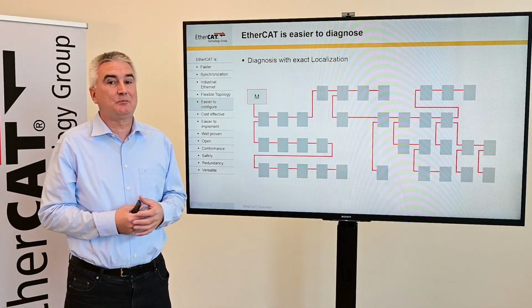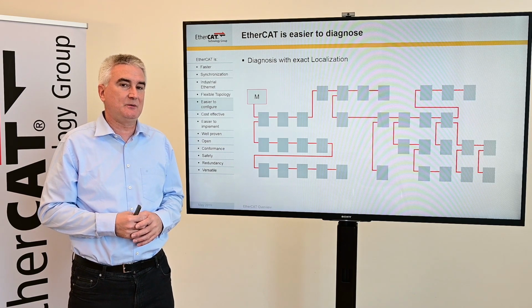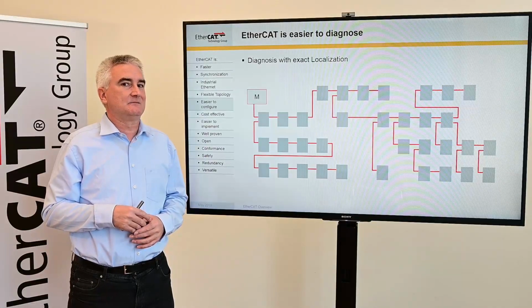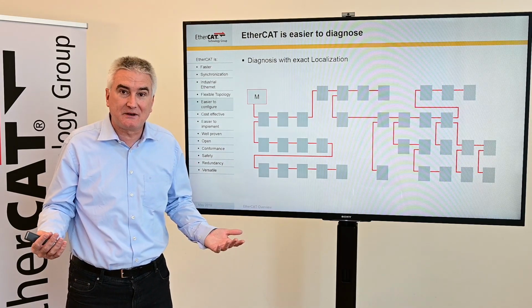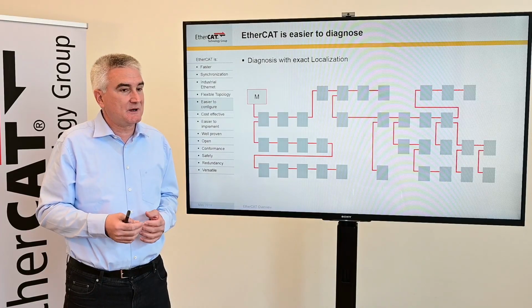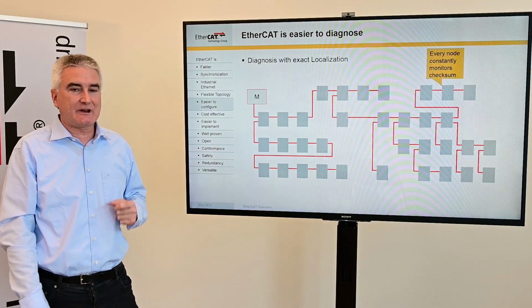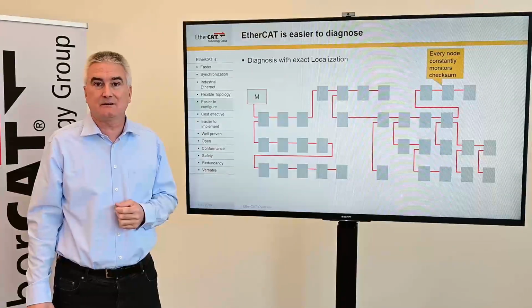Diagnostics, a very important part of the fieldbus architecture. Those of you who ever had to troubleshoot a fieldbus network know what it means if there are bit errors. A good fieldbus technology will give you the information that there are bit errors, and it will say, you've got bit errors, good luck. With EtherCAT, every node is checking the checksum of every frame on the way out and on the way back.